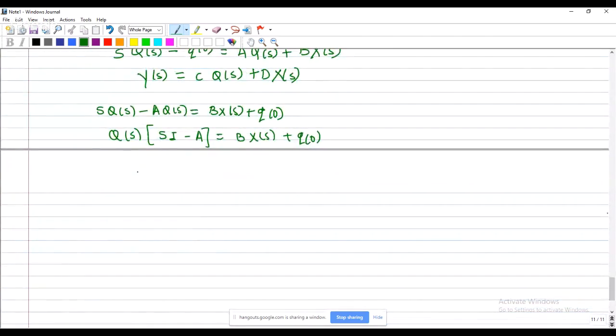Now let us find what q of s is from this. Q of s will be equal to, this will go down, that means it is the whole inverse of s I minus A times B x of s plus q0.